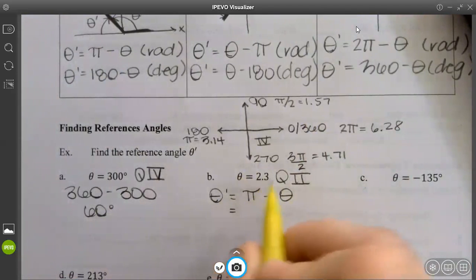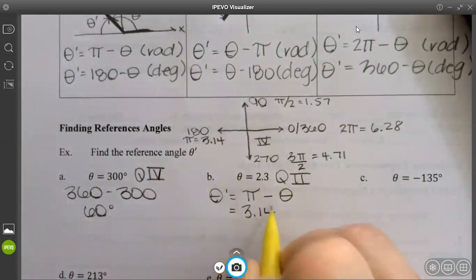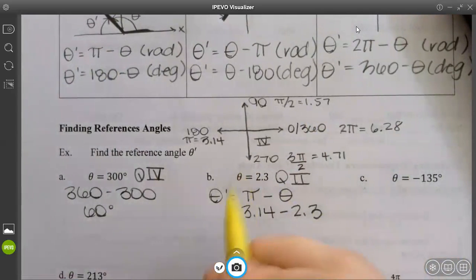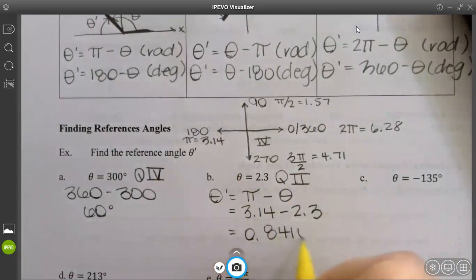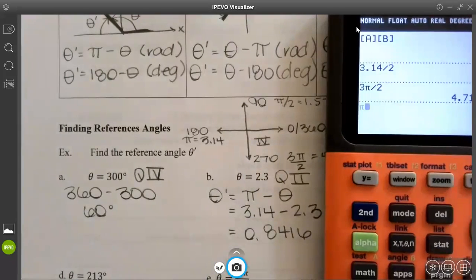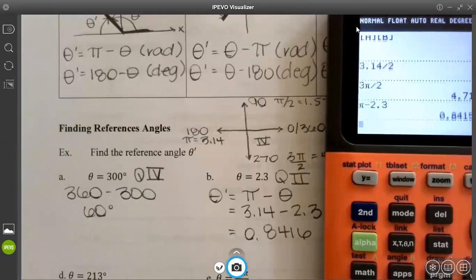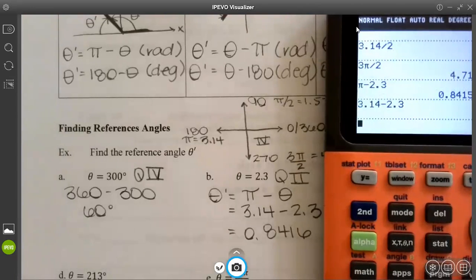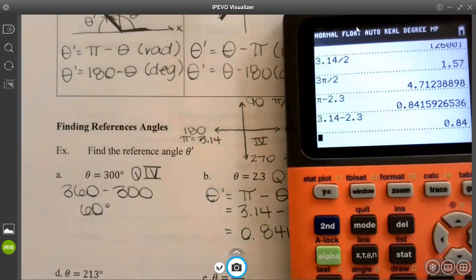In this case, since we made it 2.3, you can do 3.14 minus 2.3, and you get 0.8416 when you put that in your calculator. Now, I did just pi minus 2.3. If you do 3.14 minus 2.3, you get a smaller decimal, 0.84. Does everybody see what I'm saying?